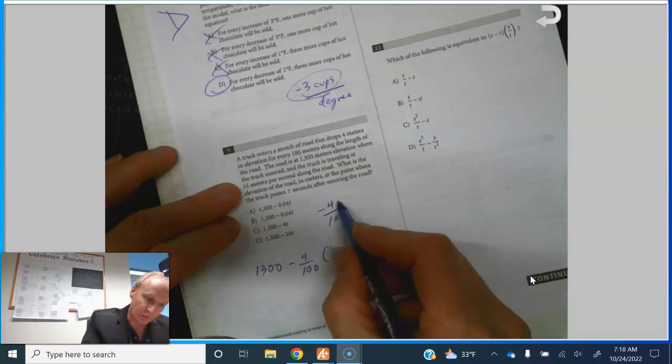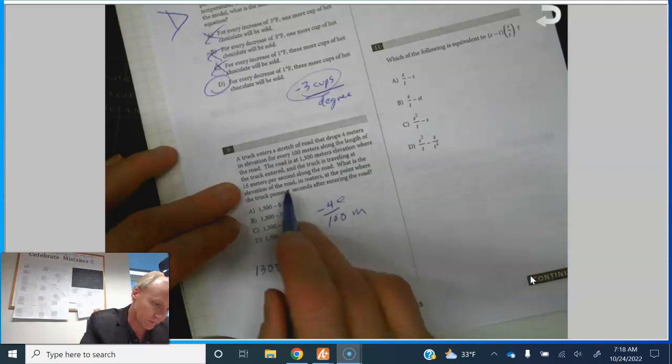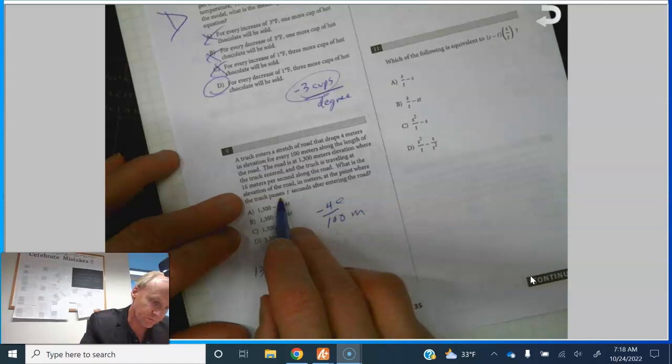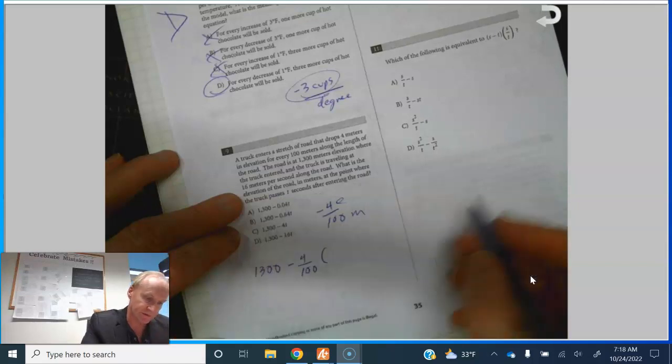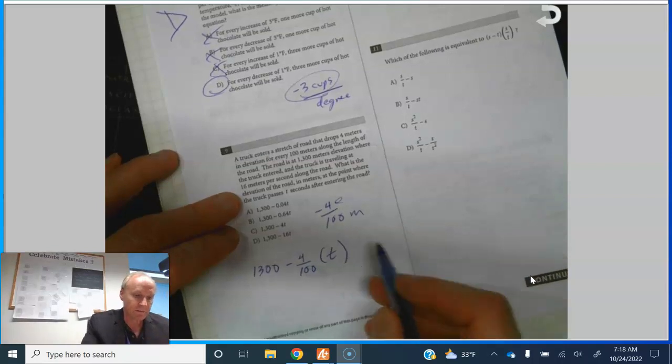He's going to lose 4 meters of elevation for every 100 meters he goes forward. What is the elevation of the road in meters at the point where the truck passes t seconds after entering the road? t is the number of seconds going.